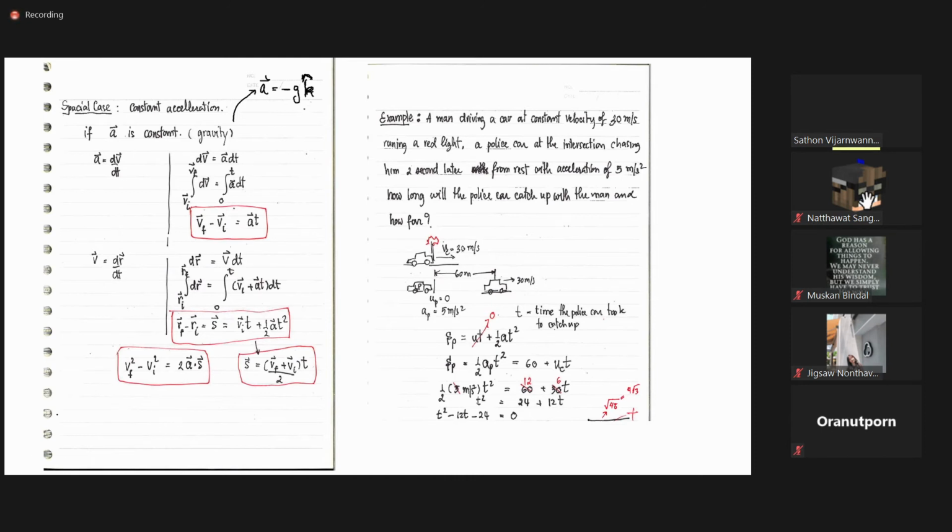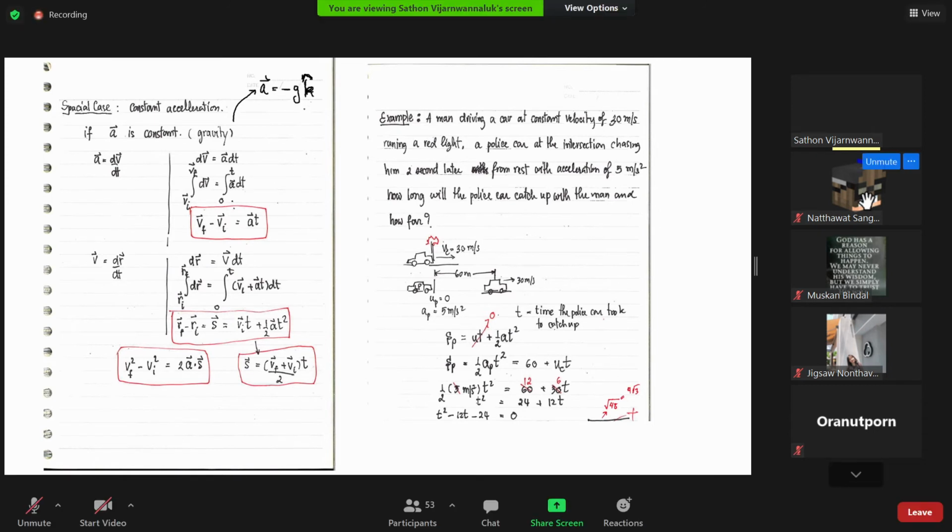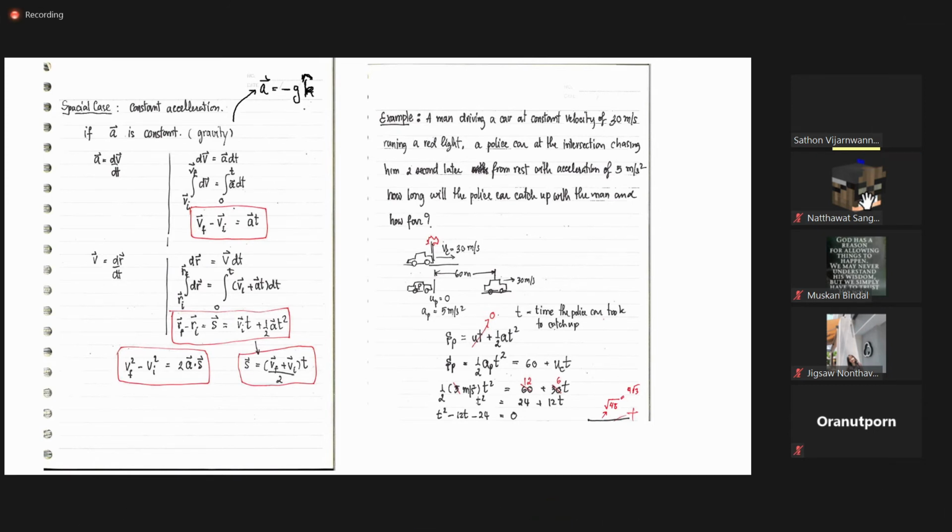But if A is constant, because A equals dv by dt, or dv equals a dt, you do an integration from initial velocity to final velocity, from 0 to t, and you get Vf minus Vi is at.